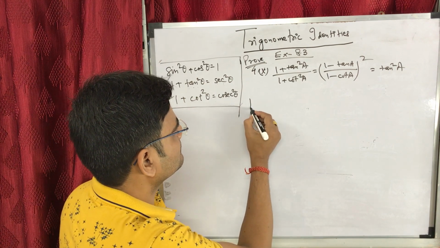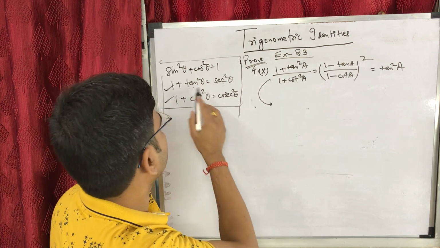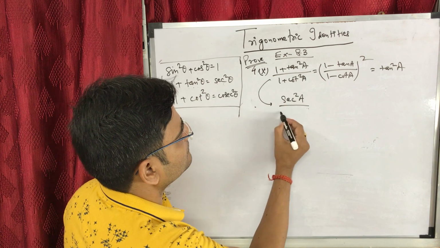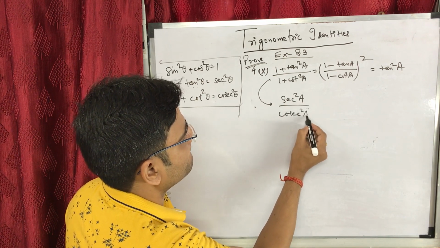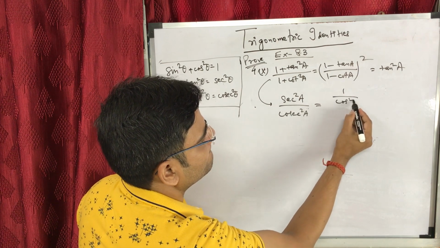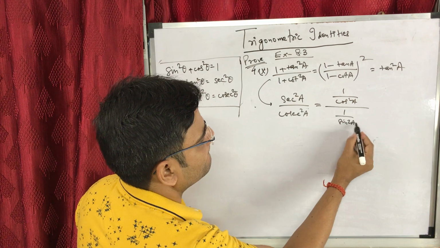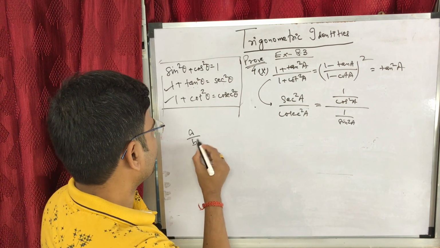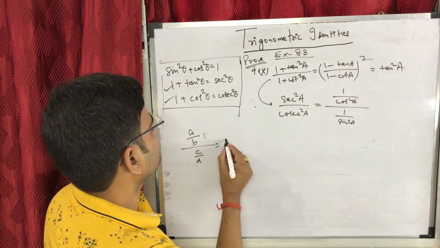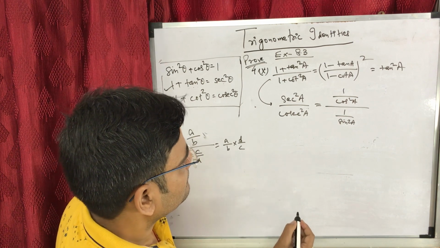So you start with the first one, this one. 1 plus tan square A is how much? Sec square A. This is a lot easier. 1 plus cot square A is cosec square A. So this is 1 by cos square A, this is 1 by sin square A. A by B divided by C by D, algebra says A by B into D by C, right?